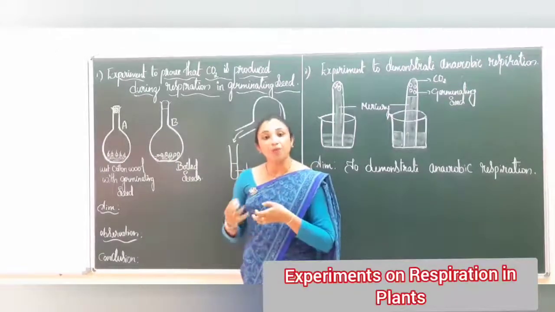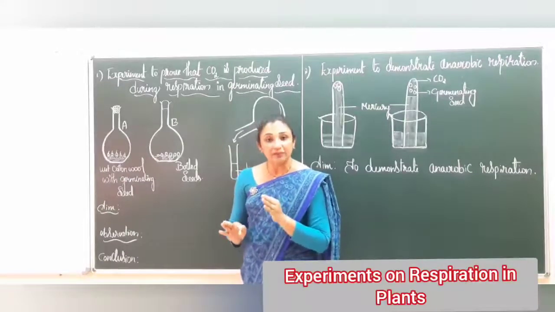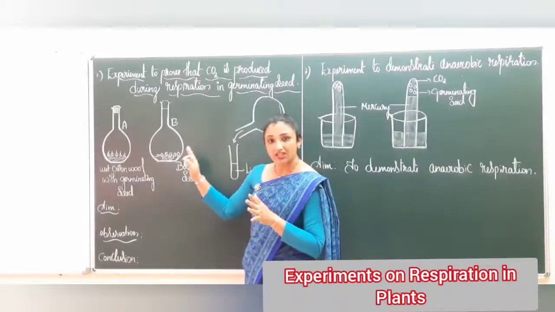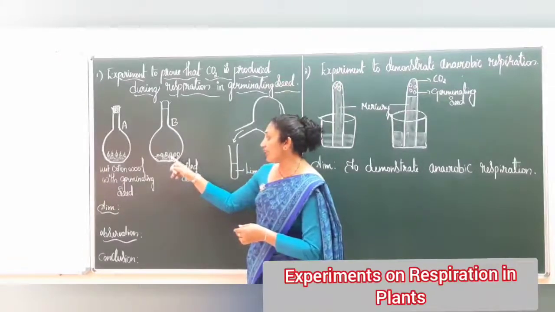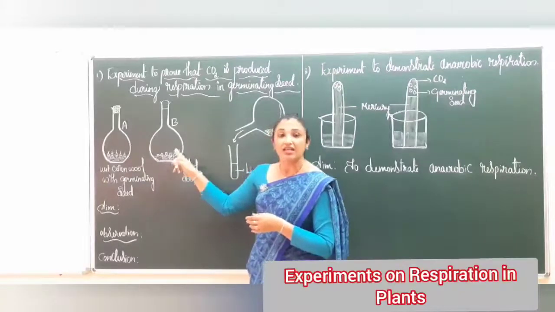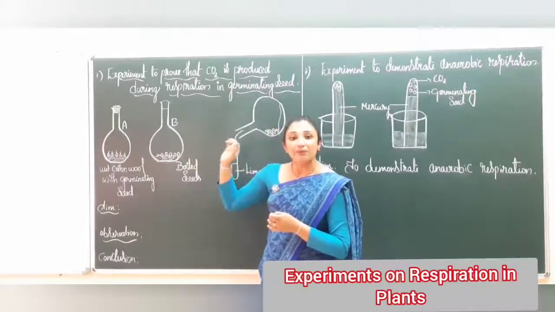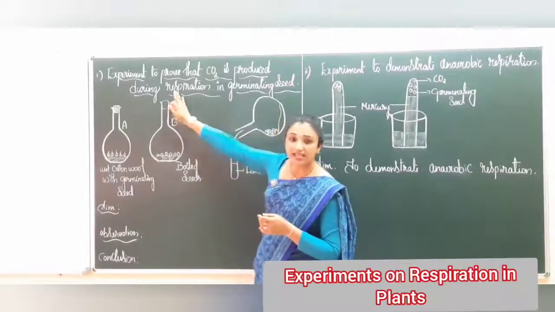That means by boiling you have killed the cells of the seed. That means whatever be the condition, however many days you keep it, you will not find any germination in this particular seed. So taking boiled, killed seeds is the control setup of this experiment.